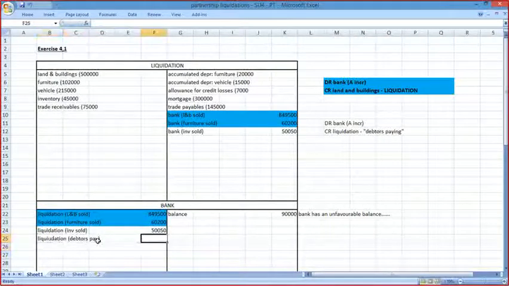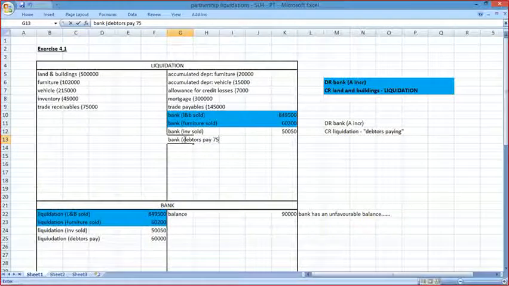The total, please. We need to work it out. 20% of 75,000. Was it 20% or 25%? 20%, so times 80%. So 60,000 is what I received. Do you agree? Perfect. So bank, debtors pay.